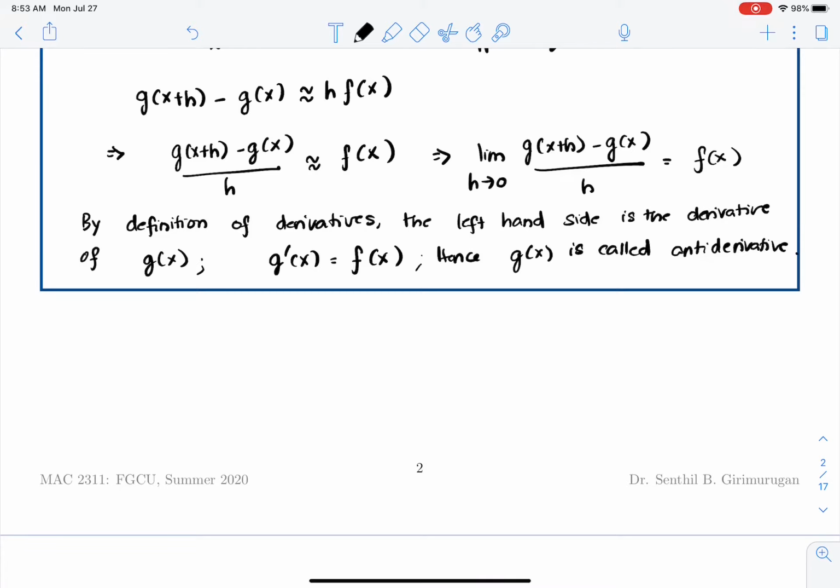So now you could see the relationship between the antiderivative and the derivative, the integral.